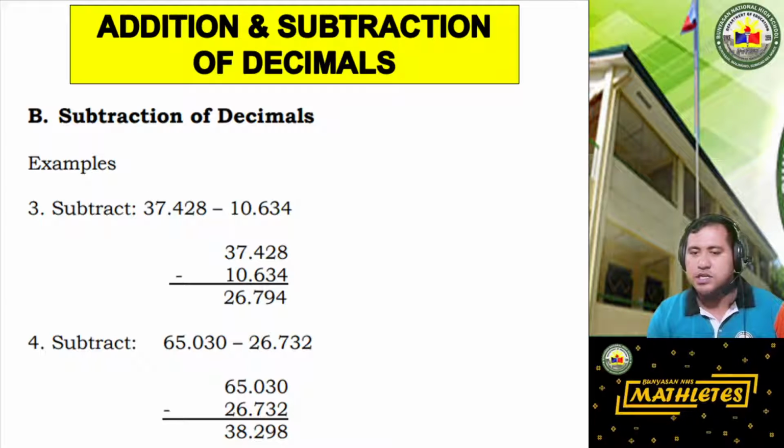Next is subtraction of decimals. Subtraction of decimals is the same as addition: the first thing to do is to align. Subtract 37.428 minus 10.634. 8 minus 4 is 4. 2 minus 3: the minuend is smaller, so we borrow 1.